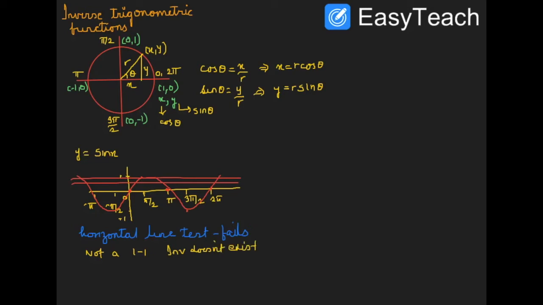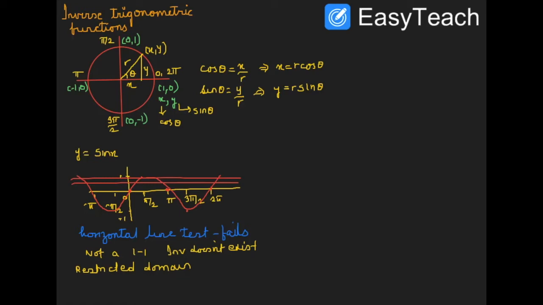However, in a restricted domain, that is, the value of x, if I restrict the domain from minus pi by 2 to pi by 2, only this part, you can see these horizontal lines are cutting only at a single place. Let me just plot it and show it to you.